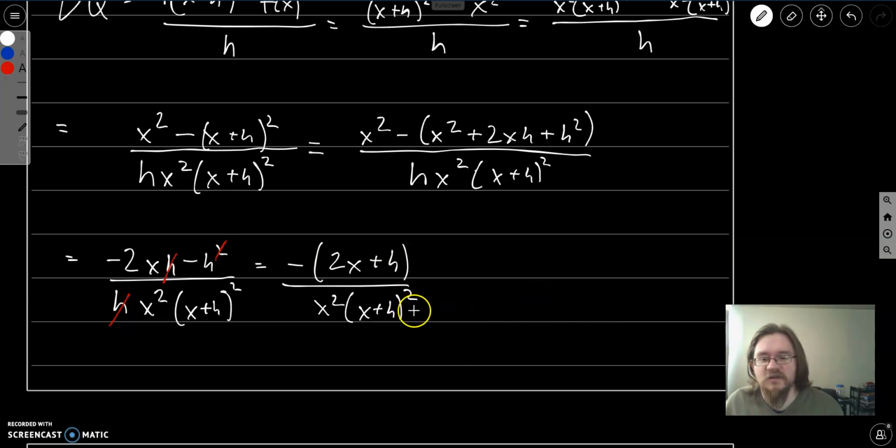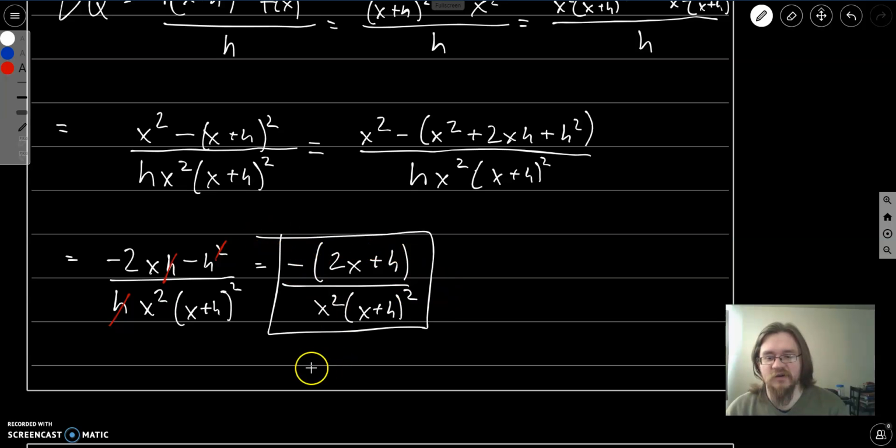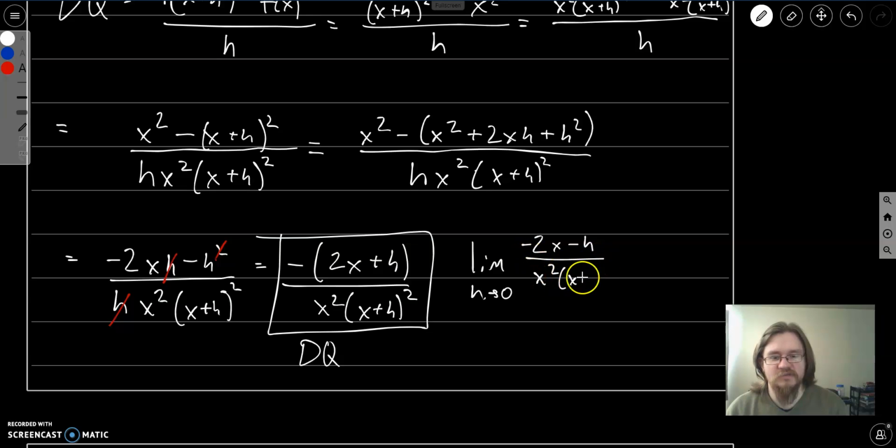And here, I can now take the limit as h goes to 0. So this is going to be our difference quotient, and if I take the limit as h goes to 0 of this guy, maybe I didn't need to pull out that minus sign. I'll just leave it like it was over here: minus 2x minus h over x squared times x plus h squared.